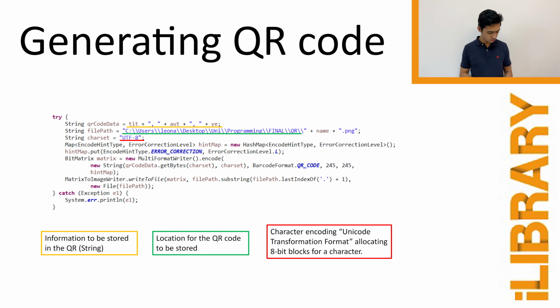Right after, we have some commands that will carry out the viewing of all this code with the information stored in it. And I just want to point out, after the barcode format QR code, we have the size of our code. In this case, it will be 245 times 245. It will be a square. So in this part, you can define how big you want the QR codes to be.